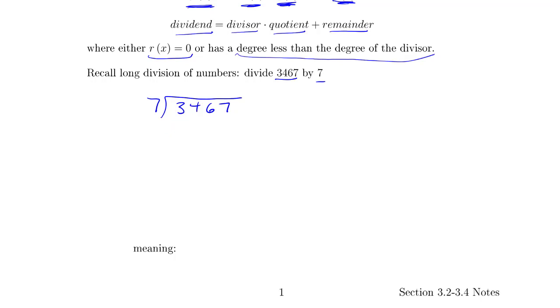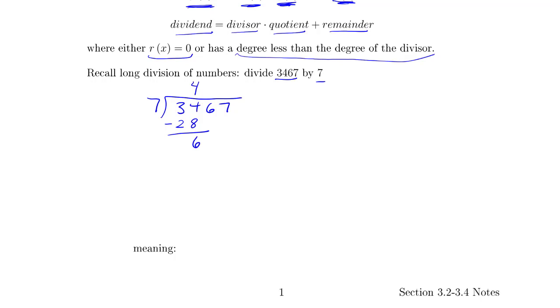Yes, 4 times without going over. So I put a 4 there, multiply to get 28, which we put right underneath, and subtract: 34 minus 28 is 6. That's our first step.